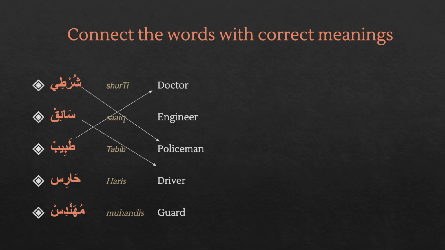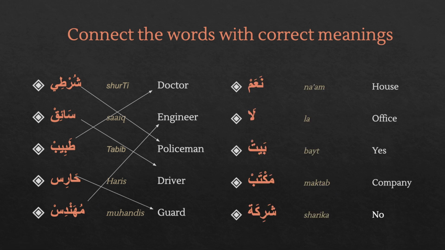Haris. Haris, security guard or guard, okay. Muhandis will be engineer. That's the one that's on the left there, okay. This side, na'am. What do you think na'am means? Na'am, it means yes, okay.